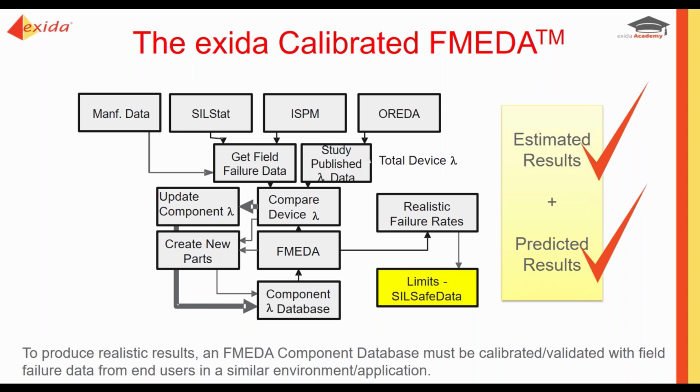We have the Siemens data book. We have other databases that were public, all feeding into this component database to continuously update, validate, and check. We started our component database in 1999, and we are continuously updating it, creating new parts if needed, and updating components if needed.